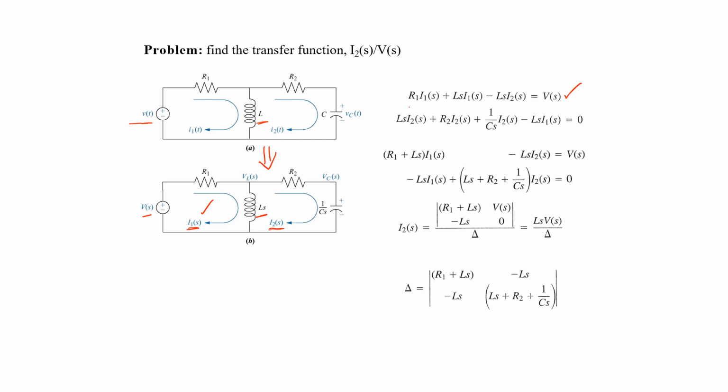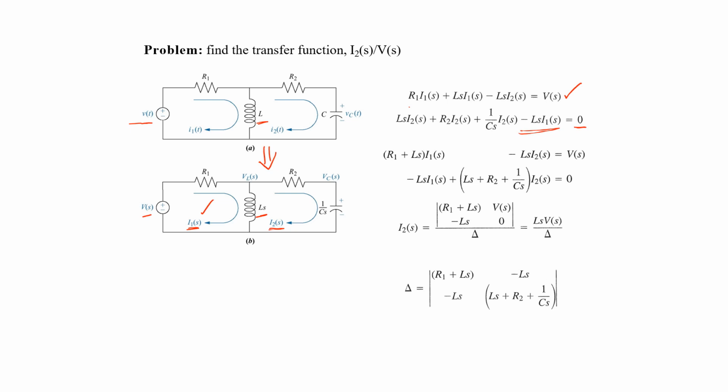And similarly, when we apply the KVL in the second loop, we will take the sign of I2 as positive and the sign of I1 as negative, as we did here. And we can see that here in the second loop there is no energy or voltage source. That's why the right hand side is 0.